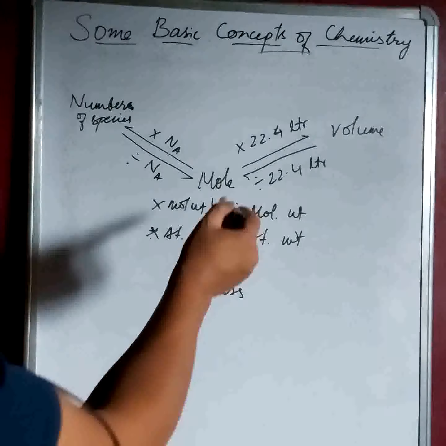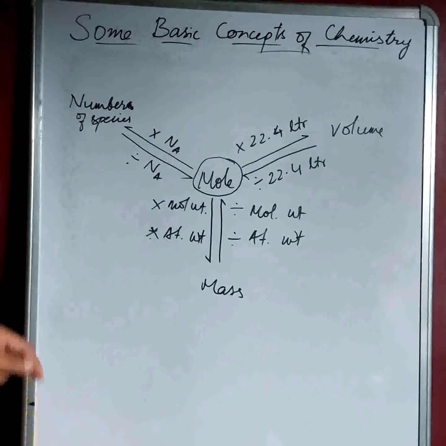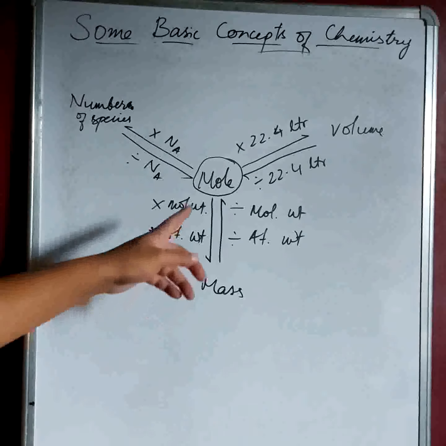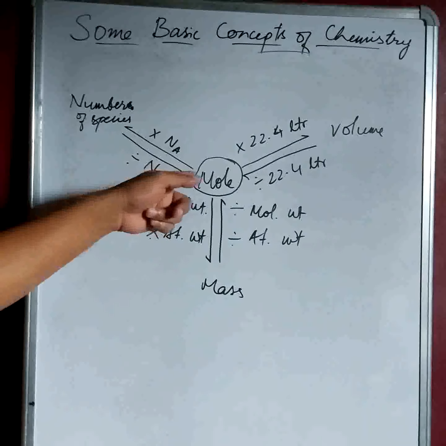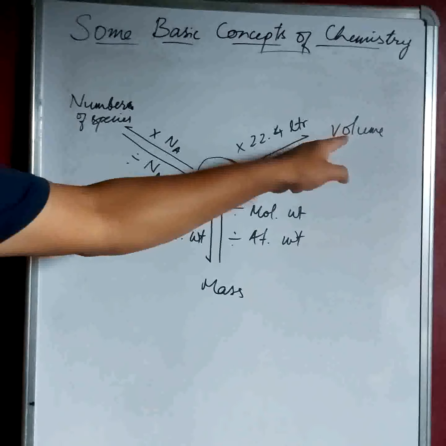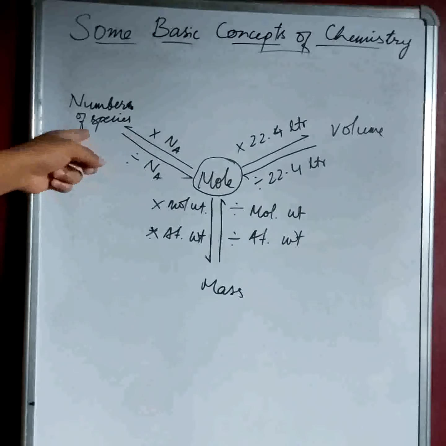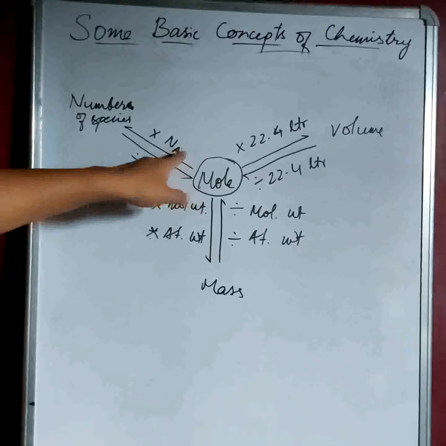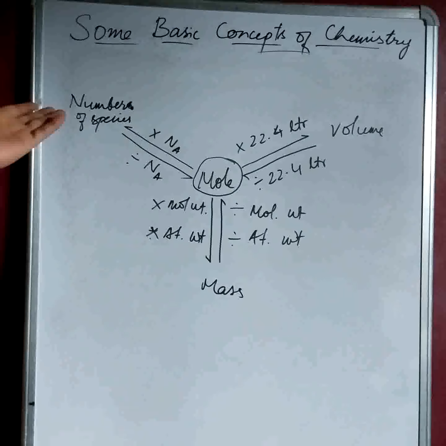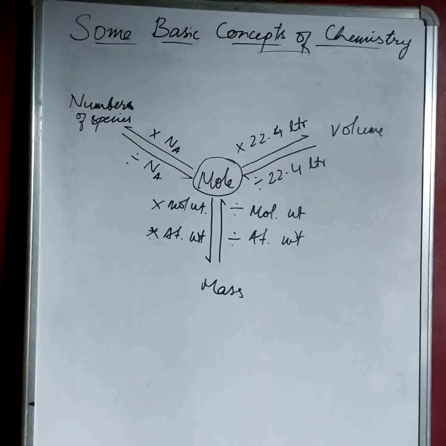Here is a simple relation of the mole with the number of species, volume, and mass. If you want to convert from mole to volume, you just have to multiply it with 22.4 liters, then you'll get the volume. Or if you divide volume by 22.4 liters, then you get back the mole. In the same way, if you multiply mole with Avogadro's number, then you get the number of species or atoms, and if you divide the number of atoms or species by Avogadro's number, you get back the number of moles.